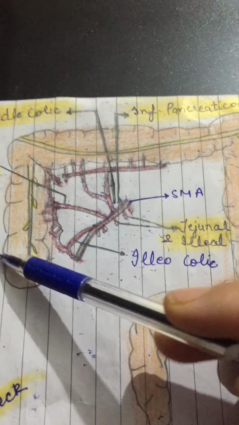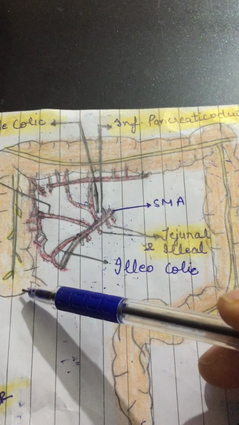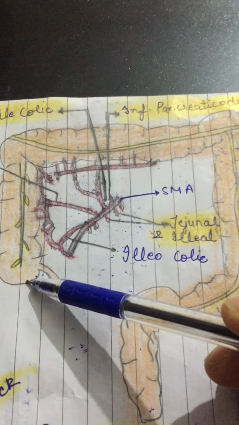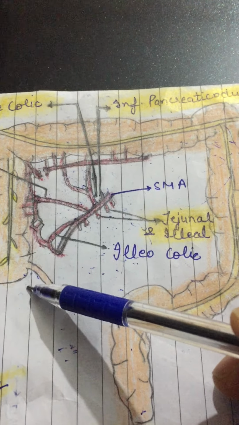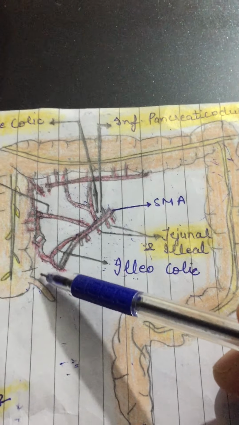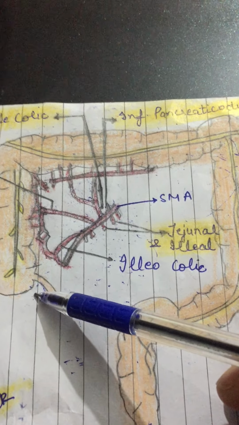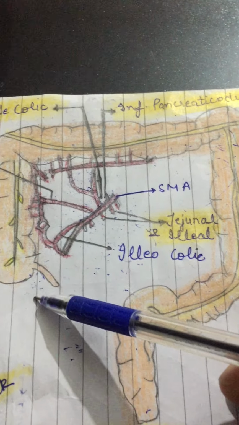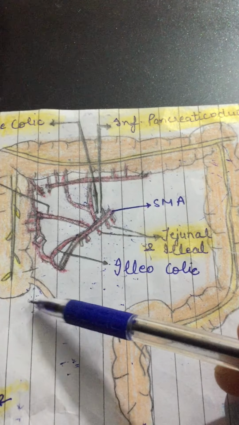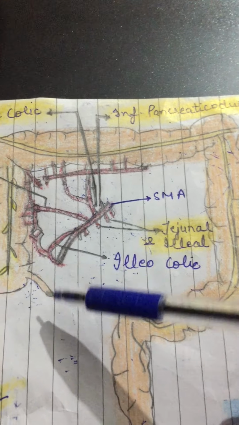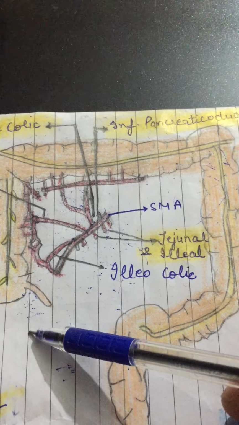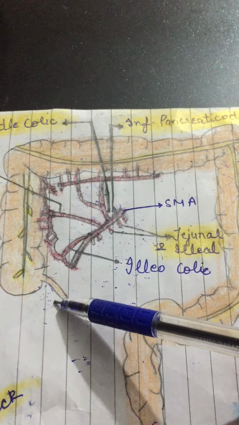The vein lies on the right side of the artery, right? And it terminates behind the neck of the pancreas by joining the splenic vein to form the portal vein. This is very important. Now what are the tributaries? The tributaries correspond to the branches of the superior mesenteric artery, plus the right gastroepiploic and inferior pancreaticoduodenal veins.